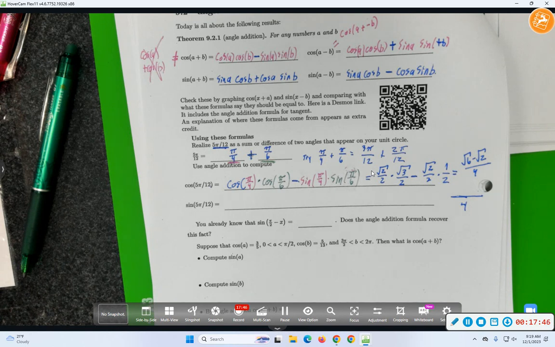Is it root 6 plus root 2? People agree? I hear a root 6 plus root 2. Do I hear a call for me to go through the computation? All right, let's do it.